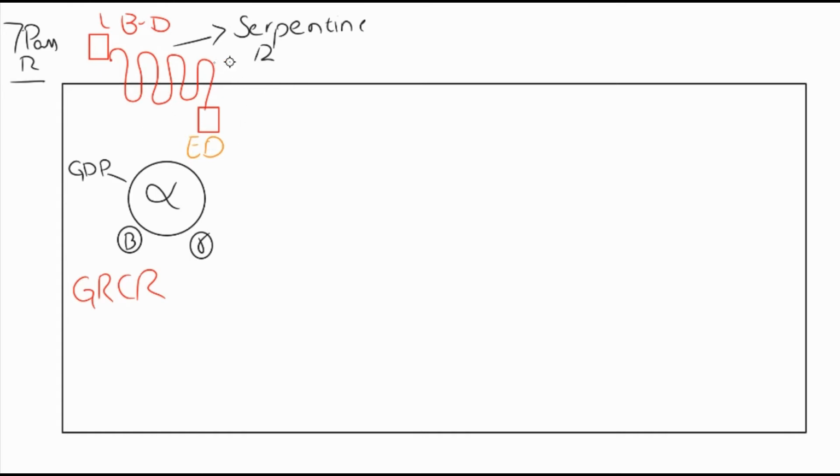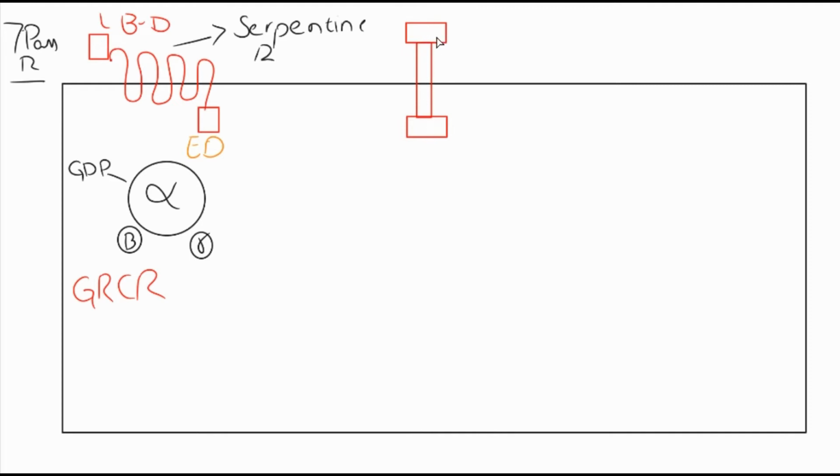Now there is another class which is present on the cell membrane. Unlike the serpentine receptor, this class passes only one time. That is its external domain, that is its internal domain, and it is passing only once. As you can see, it is also a polypeptide chain and it is passing only once through the cell membrane.